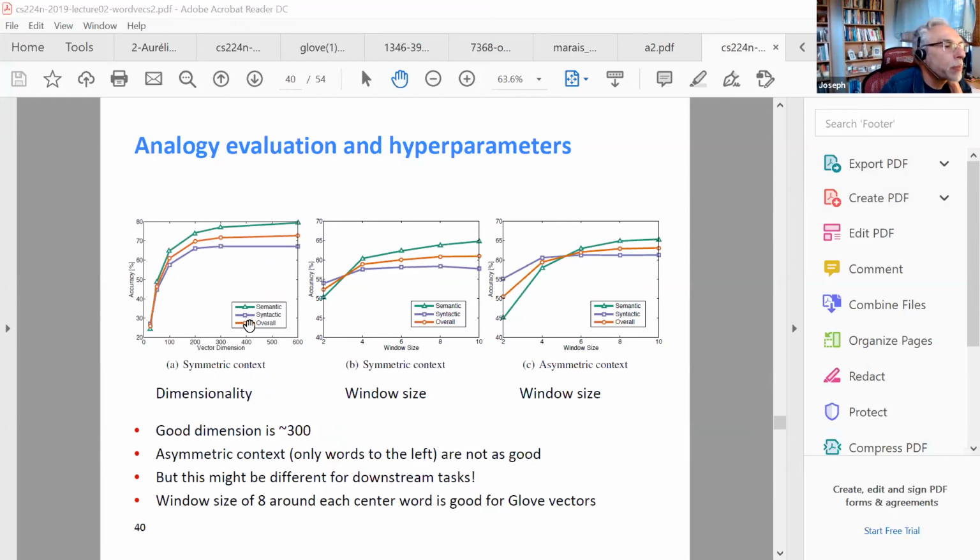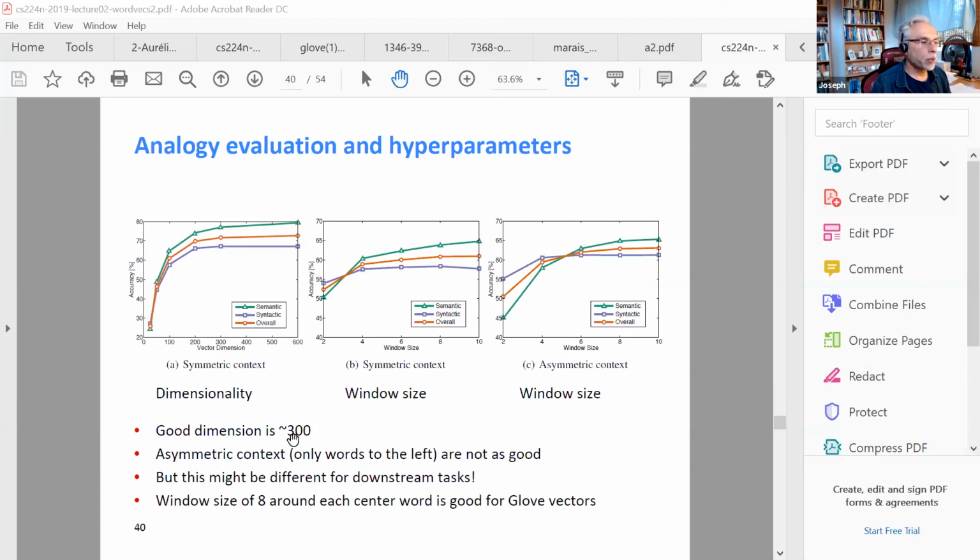Analogy evaluation and hyperparameters. This is interesting because I know that some of you had asked the question in our last meeting: how do they determine the size of the embedding vector space, and how do they determine the size of the window? Because that's kind of a mystery, right? Well, those turn out to be hyperparameters, and he's explored those hyperparameters in this GloVe paper.